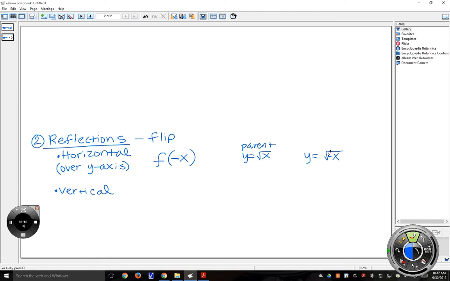So what you guys were saying before, if we put the negative in front of the radical like this, that's applying a negative once the function has been completed. Once you've already done the square rooting or the absolute valuing or anything like that, that is a vertical reflection, which is really a flip over which axis? The x-axis, because you're going from up to down or from down to up, which is flipping over the x-axis.